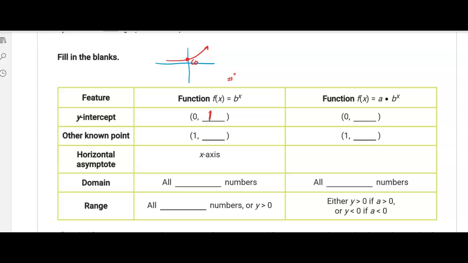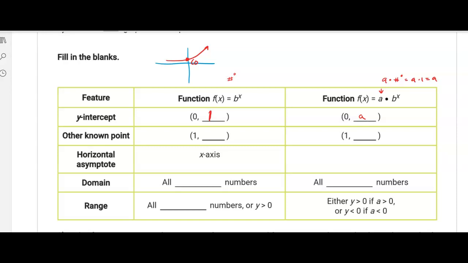So the y-intercept for the function f of x equals b to the x will be (0, 1). Now, if we put a value of a in here, and we take any number and raise it to the 0 power, we get 1. But what is a times 1 always going to be? A. Therefore, if there's an initial value other than 1, the y-intercept will be (0, a).